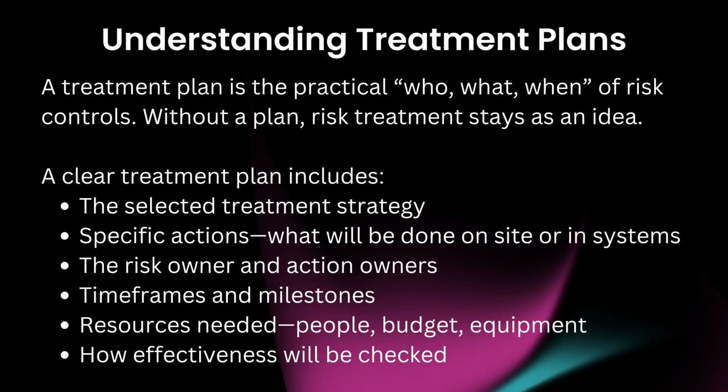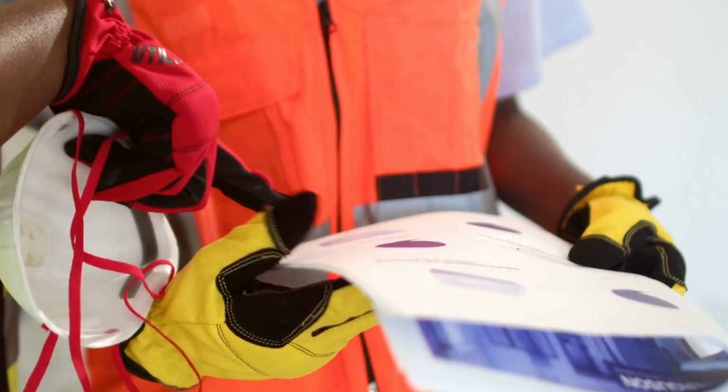Understanding treatment plans. A treatment plan is the practical who, what, when of risk controls. Without a plan, risk treatment stays as an idea. A clear treatment plan includes the selected treatment strategy, specific actions, what will be done on site or in systems, the risk owner and action owners, time frames and milestones, resources needed, people, budget, equipment, and how effectiveness will be checked.